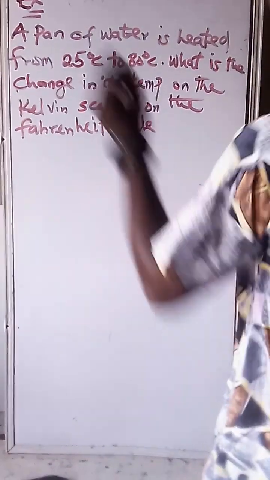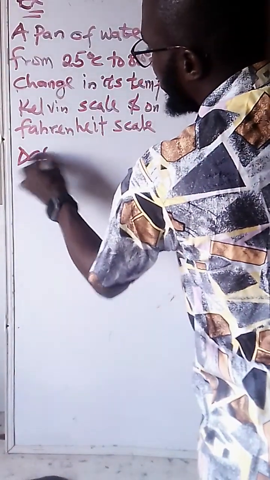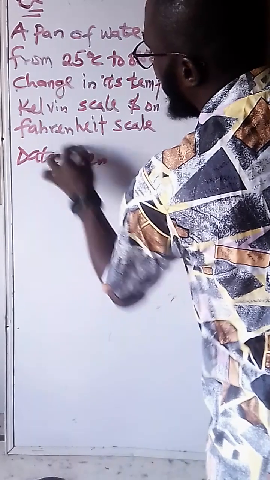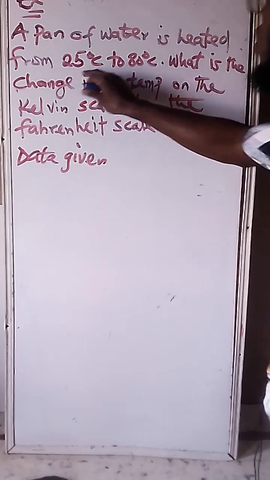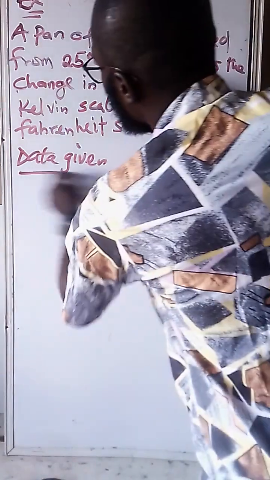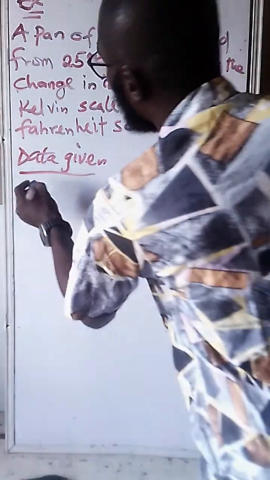Now, let's firstly write out the data given. A pan of water is heated from this to this. That means these are temperatures. What temperature are we given here?